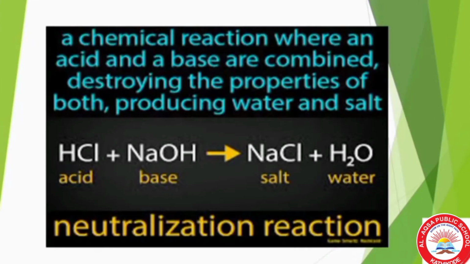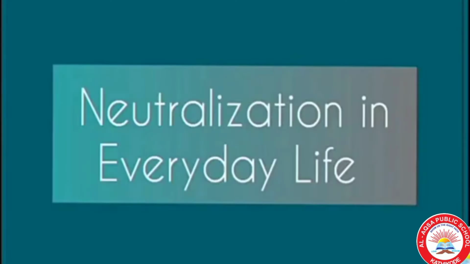A chemical reaction where an acid and base are combined, destroying the properties of both and producing water and salt, is known as a neutralization reaction. For example, hydrochloric acid reacts with sodium hydroxide and we get NaCl as salt and H2O, water. So you have to study this equation also.